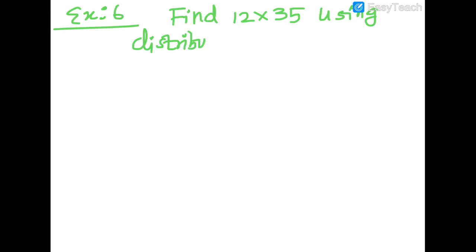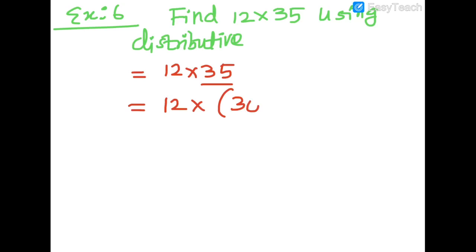Distributive is nothing but splitting something and then finding the answer. First I will write 12 into 35. Now I'm going to split 35 as 30 plus 5. So I can write 12 into 30 plus 5.